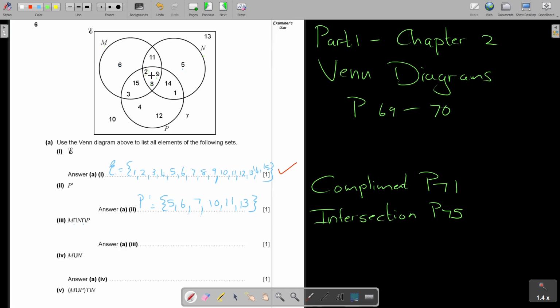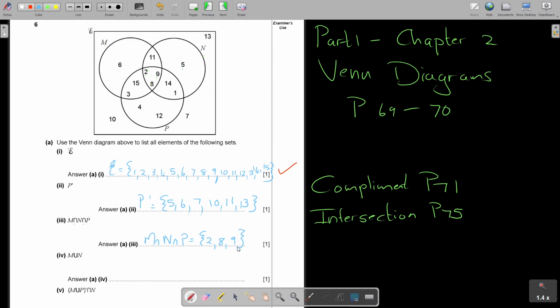So I write M intersection N intersection P, and that is going to be 2, 8, and 9.